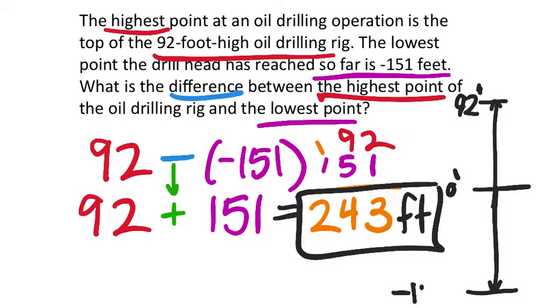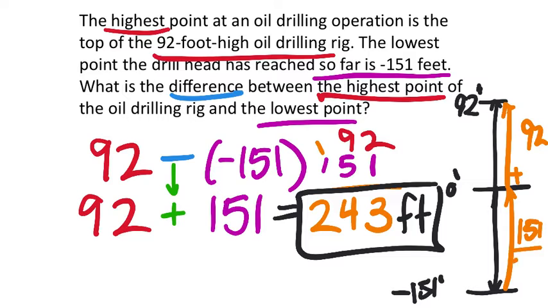Because it's below, I guess, the ocean level, wherever they're drilling. So this is why it's positive, right? Because the difference between the two is the distance between the two, and so you'd have to go up 151 feet and then up another 92 feet, and that's why we end up using addition here to get the 243 feet, okay?